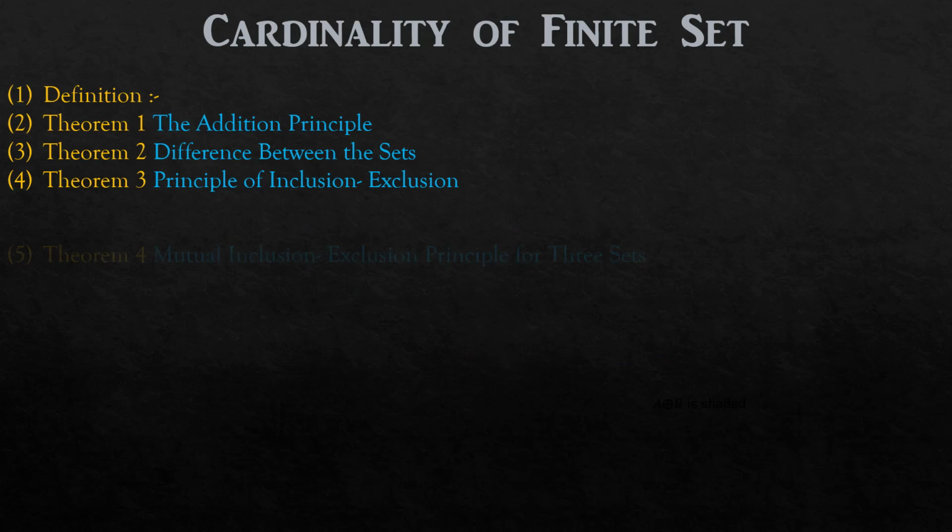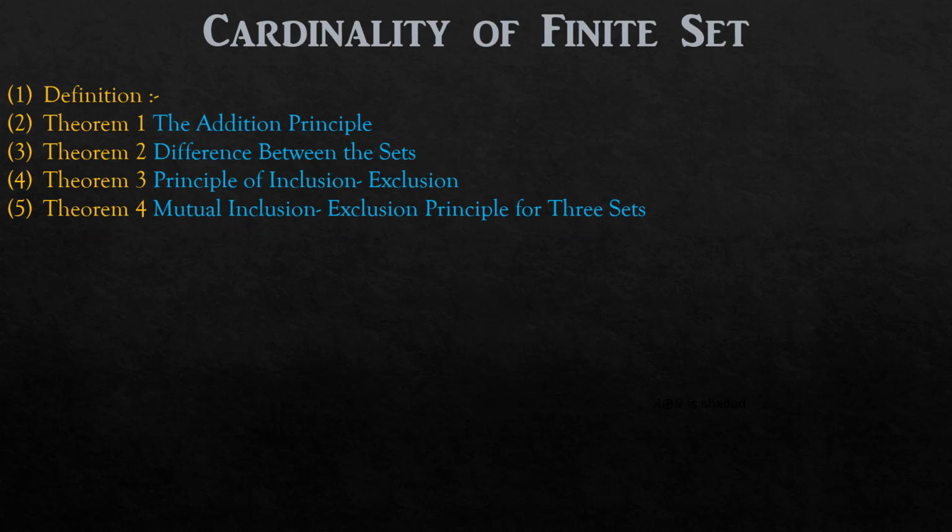Now next theorem, number 5, that is the inclusion exclusion principle for 3 sets. This theorem is related to the 3 sets. Let A, B, C be 3 finite sets.